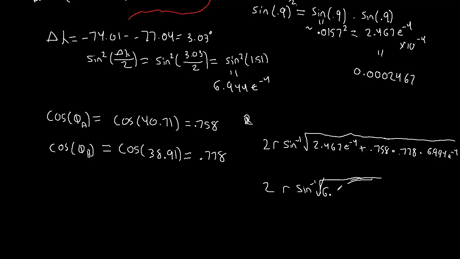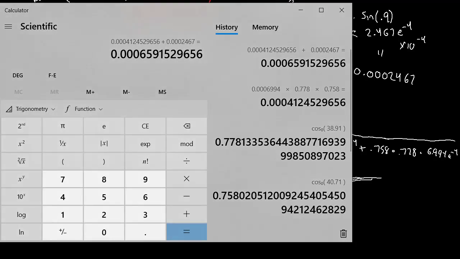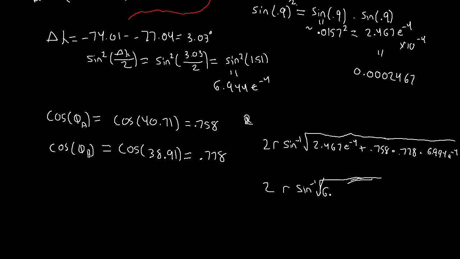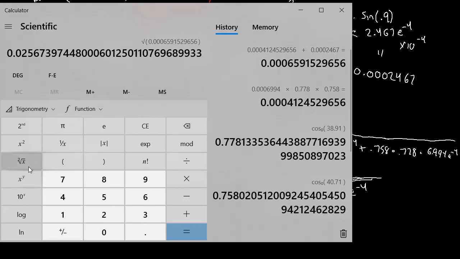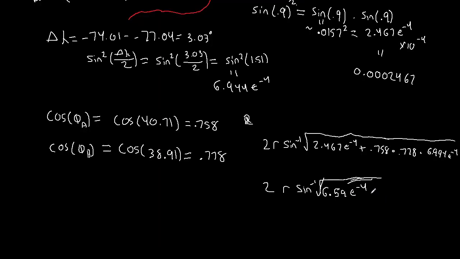6.59 e to the negative 4. So if we take the square root of that value, again, clicking square root there, we get 0.0257.